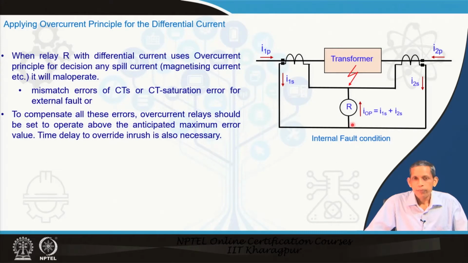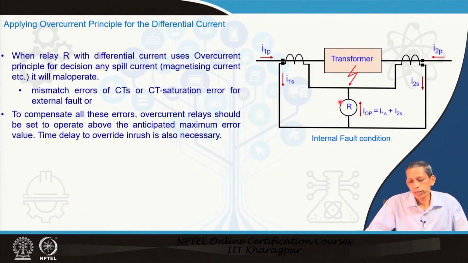Now, we know that for any internal fault the summation of I1s and I2s will be proportional to the internal fault current. That means the differential current, or the operating current, will be significantly high for an internal fault in this arrangement.